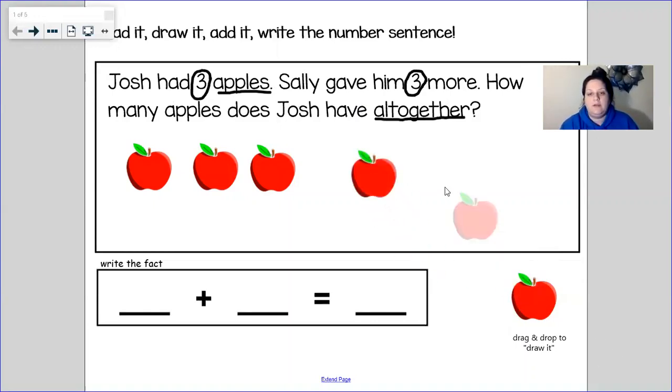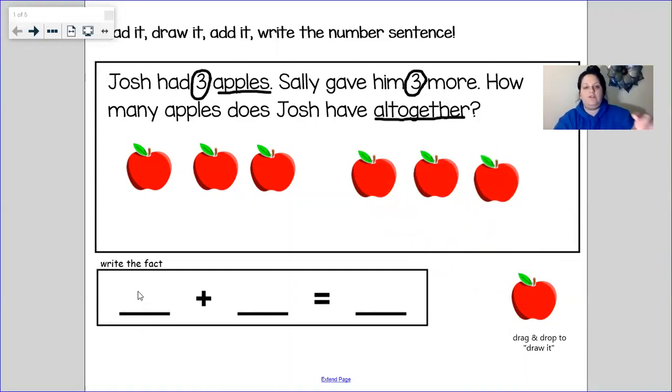So 1, 2, 3. And then we're going to do our problem. So we started with 3 apples. And then Sally gave 3 more apples. And then how many apples is that all together? Let's count them. 1, 2, 3, 4, 5, 6. So we're going to put a 6 as what it equals when you put it together. So 3 plus 3 equals 6.